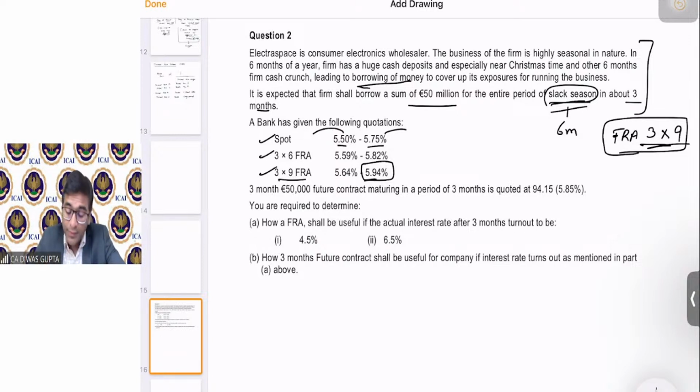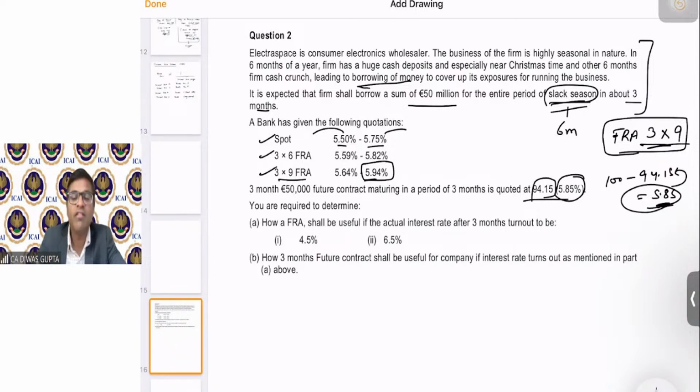Now, the 3 months Euro 50,000 future contract maturing in a period of 3 months is quoted at 94.15. If you see, students, 100 minus 94.15 is equal to 5.85. So there are two ways to represent a bond's future. One, you can represent this value, or even if you represent the percentage, we can arrive at the other value.